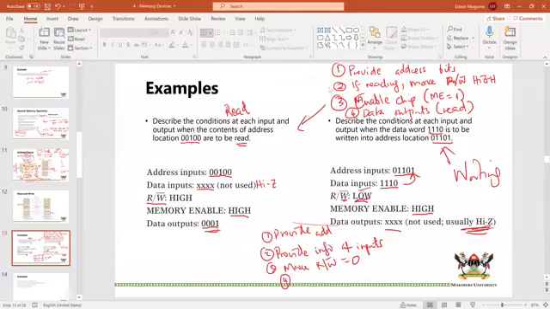And then 4, enable chip. So once you enable the chip with your memory enable as high, the memory will already have resolved the address. It will know which register, and it will also know which command, whether to read or to write.